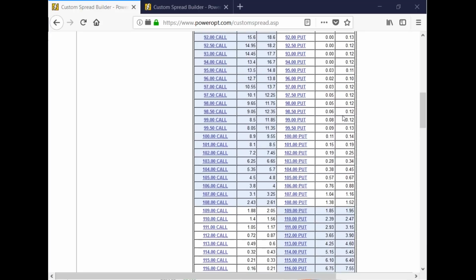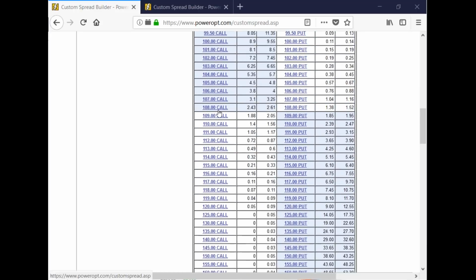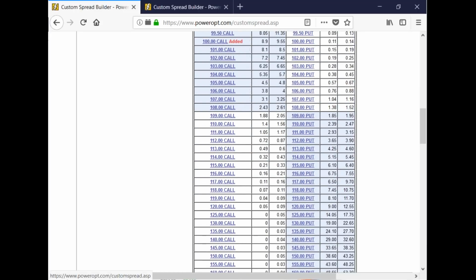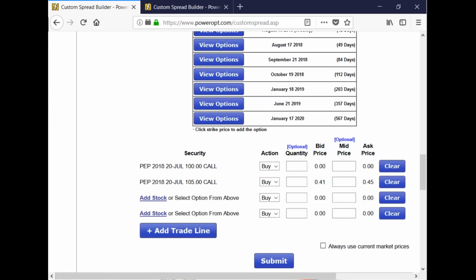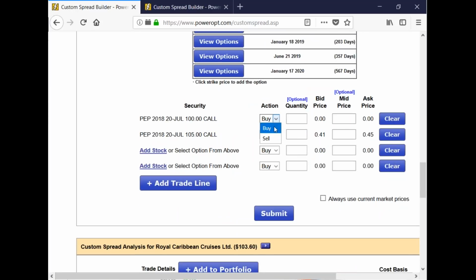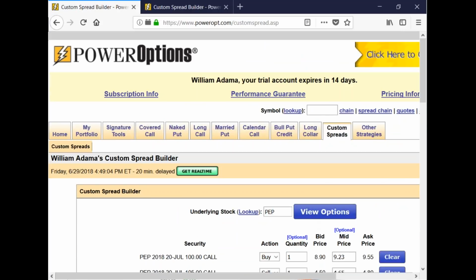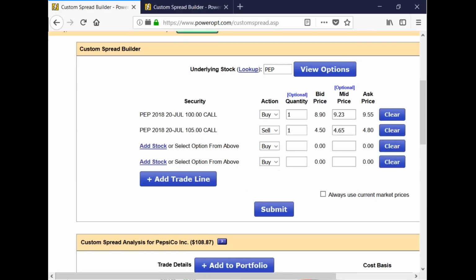100 to 105 bull call, right? That's what you had. You had a 100 to 105 bull call debit. What I don't know about this is if you rolled the position because you had a profit or something else happened. But see, now you said you've closed it.